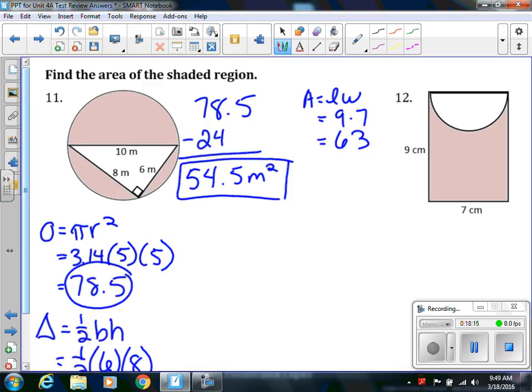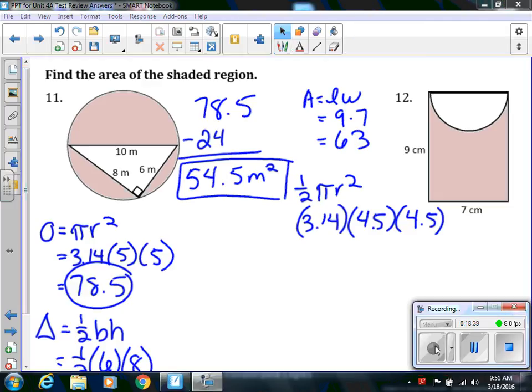And then we have the circle, but we only need half of a circle. So again, it's going to be half pi r squared. I'm kind of altering my formula a little bit. So that means 3.14 times 4.5 times 4.5, sorry, not 4.5, 3.5, because half of 7 is 3.5.